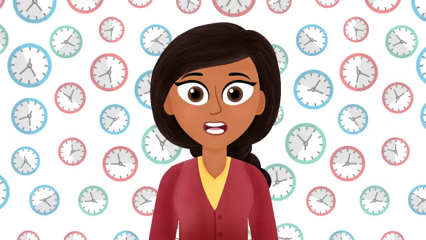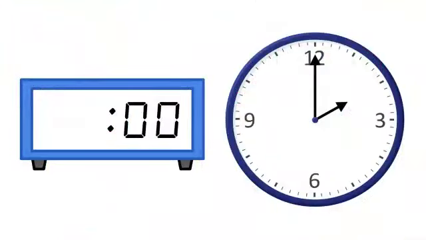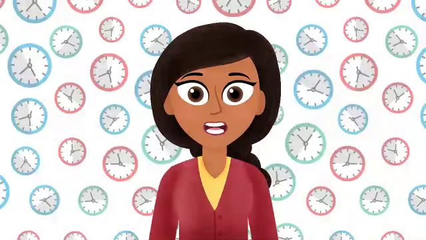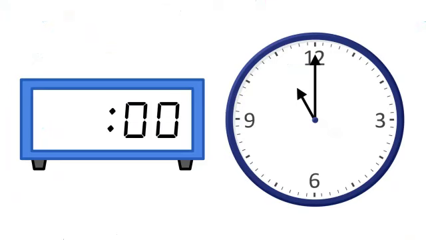Okay, let's move on to round 3. Here's your next clock. Desmond, what time does the analog clock read? 2 o'clock. Terrific, it's 2 o'clock. Okay, let's move on to round 4. Here's your next clock. Desmond, what time does the analog clock read? 11 o'clock.